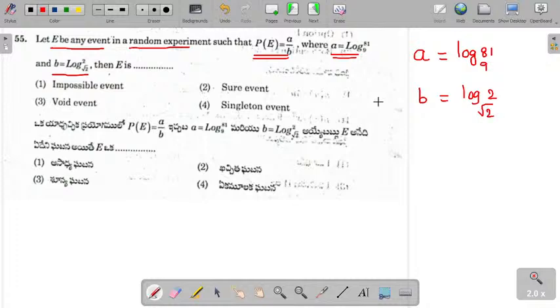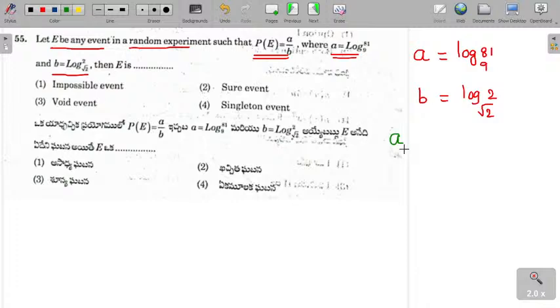That means first of all we need to evaluate both the values of A and B using the logarithmic concepts. Let us find the A value first. 81 can be written as 9 square, so A is 2 times log 9 to the base 9 using the power rule. This is 2 times 1, that is 2. A is equal to 2.